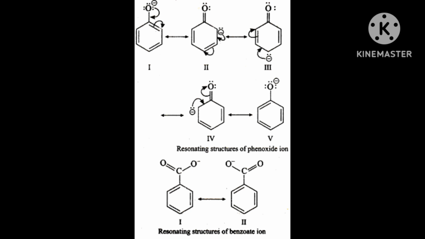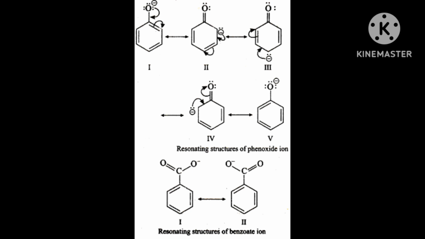And again that electron can make a double bond with the next carbon. In the benzene ring, alternate single and double bonds are there.